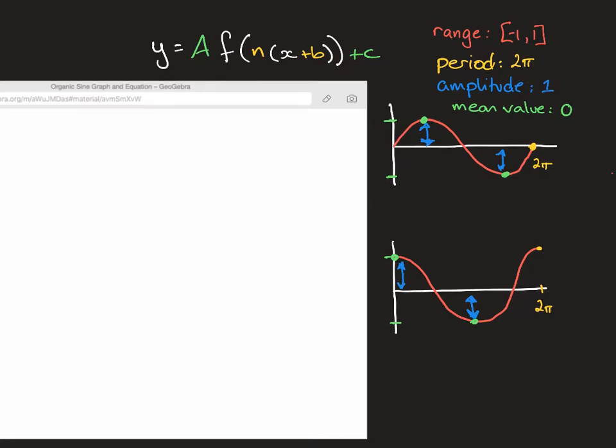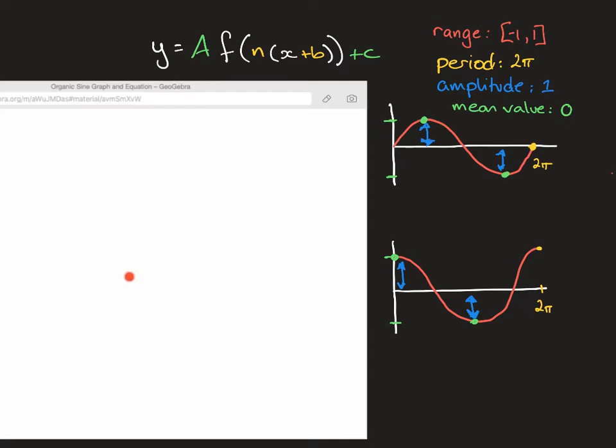If I increase that a value in the function, the value in front of sine, to 5, you can see that the amplitude has changed to 5. I meant to go to 5, there we go, now that's 5. The maximum value is 5 and the minimum value is -5 for that graph.